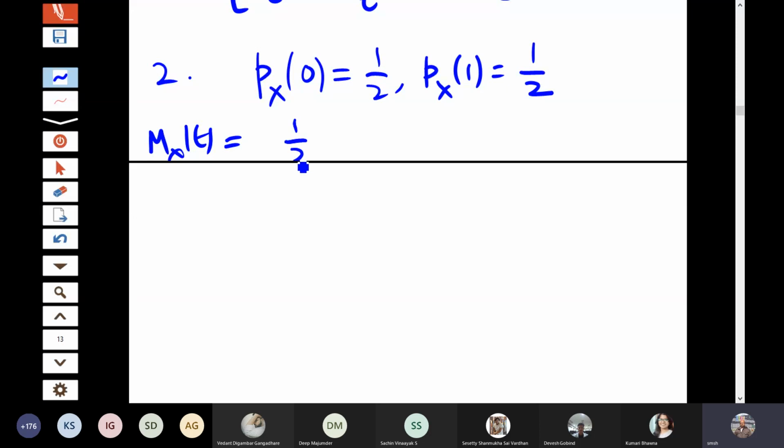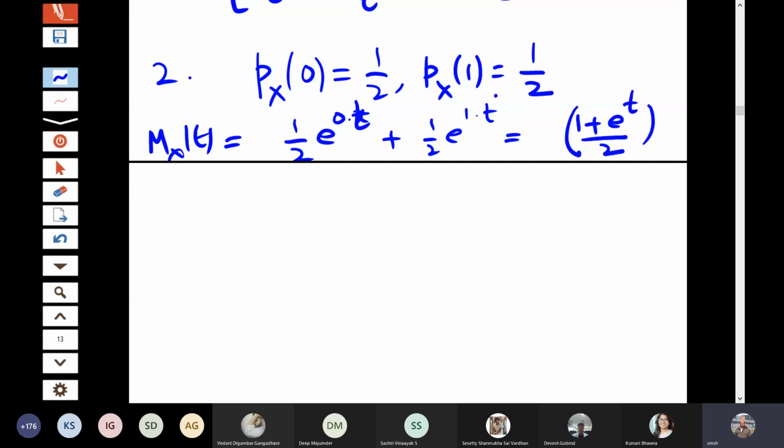That will become half e to the power 0 into t, plus half e to the power 1 into t. So that is simply (1 plus e to the power t) by 2.